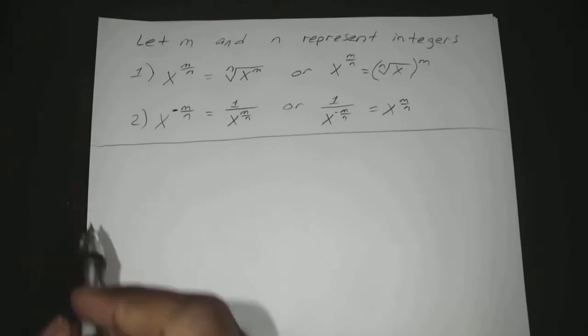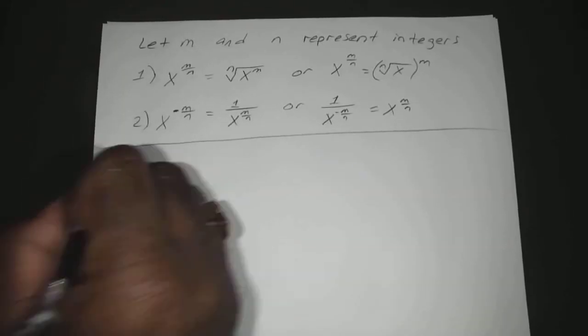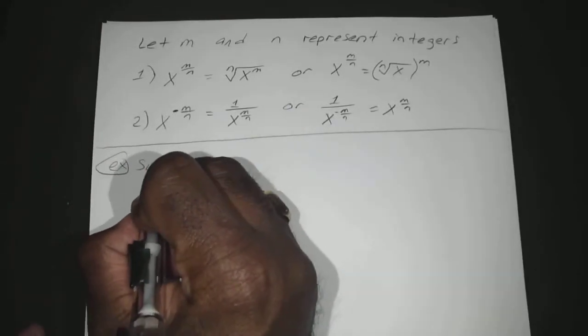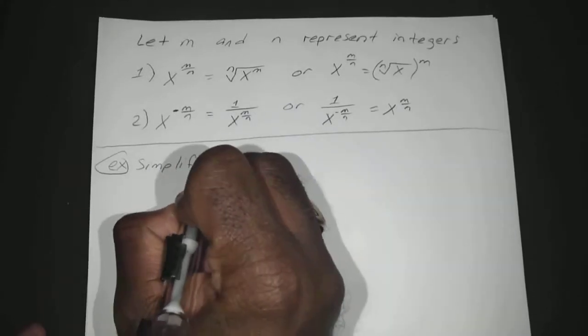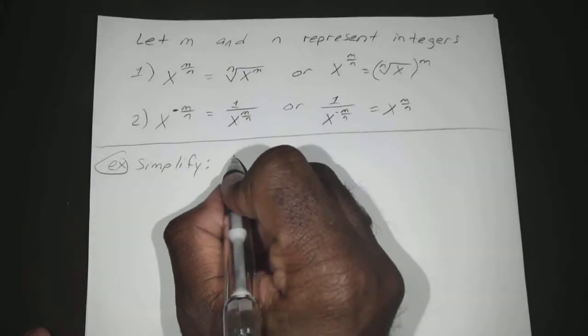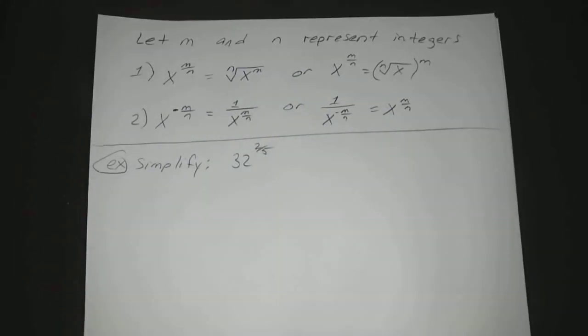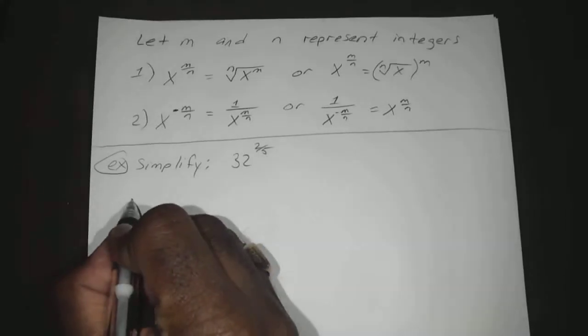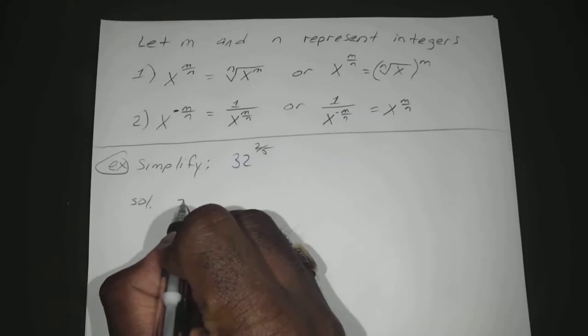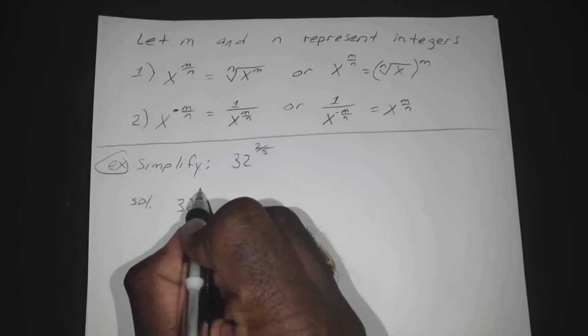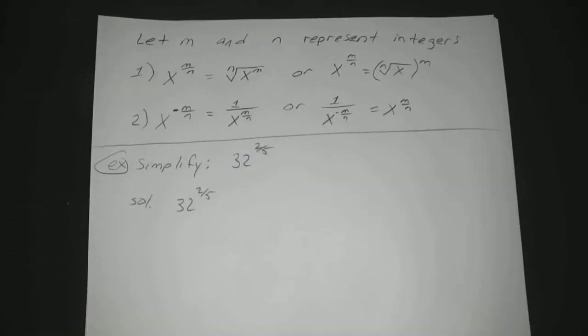Okay, so let's say, for example, we want to simplify 32 to the 2/5 power.